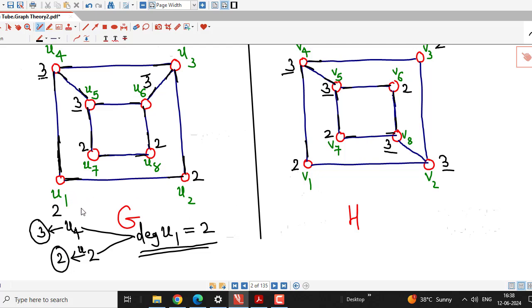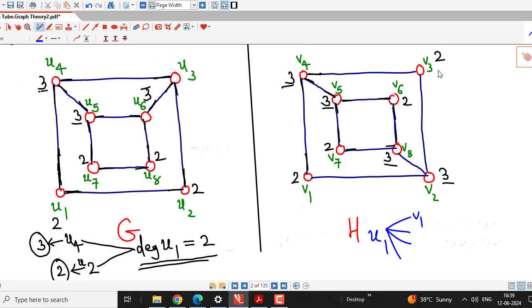Now because degree of U1 is 2, we can consider the image of U1 as a vertex of degree 2 from graph H. So vertices of degree 2 are V1, then V3, V6 and V7.